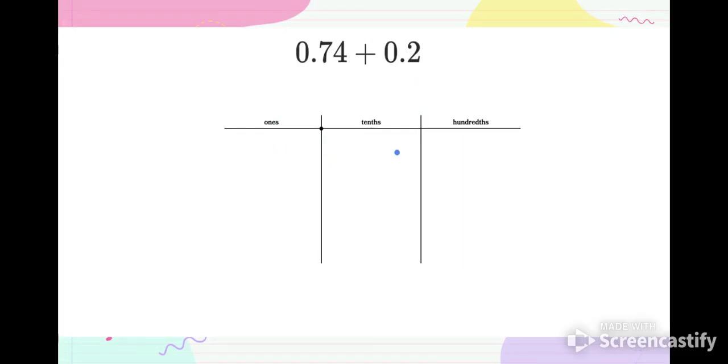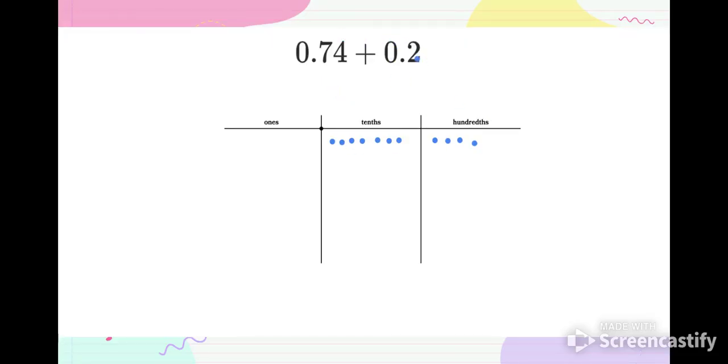So we've got our ones, our tenths, our hundredths. We're going to plot each of these numbers or do a dot model for each of these numbers. So let's start with this one. This one has 7 tenths. So I'm going to do 1, 2, 3, 4, 5, 6, 7, and then 4 hundredths, 1, 2, 3, 4. So this represents this number.